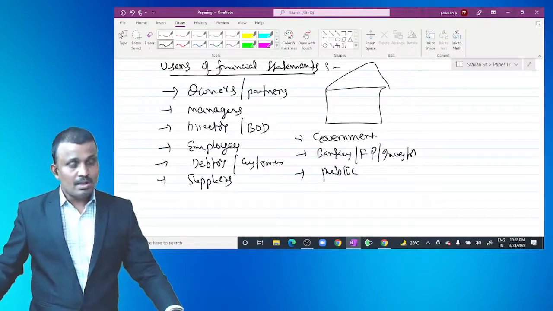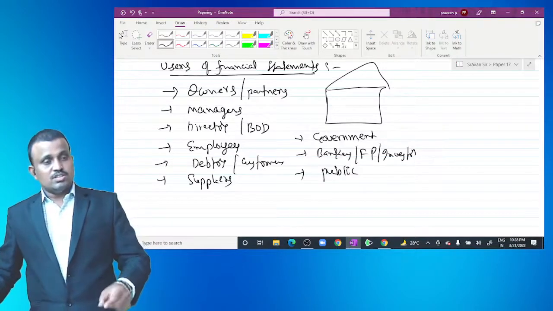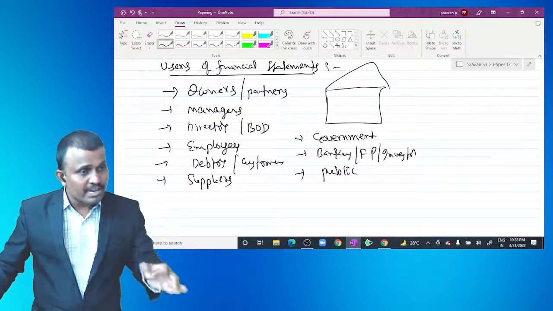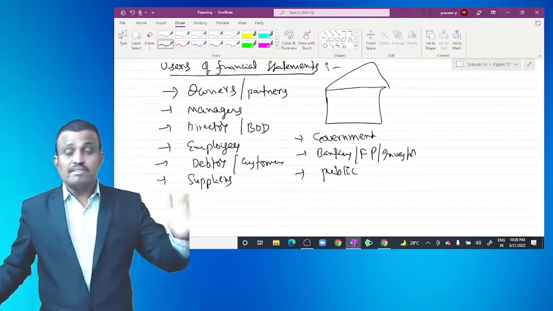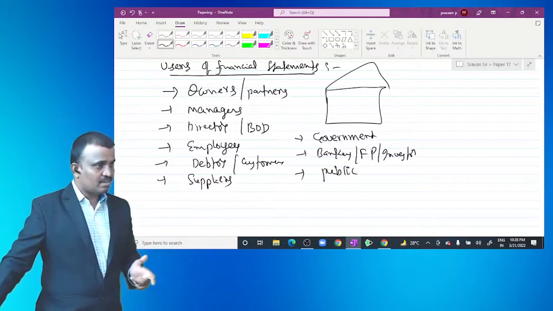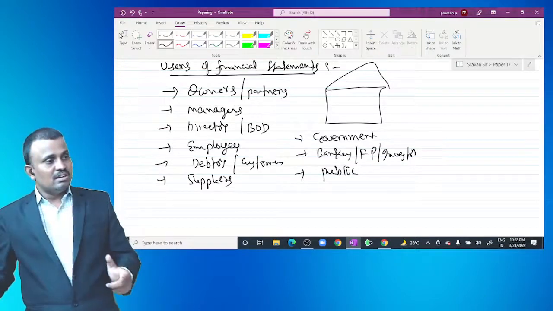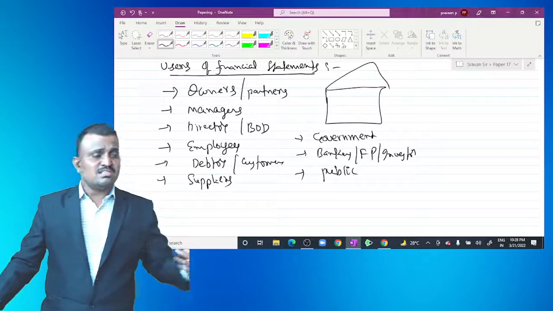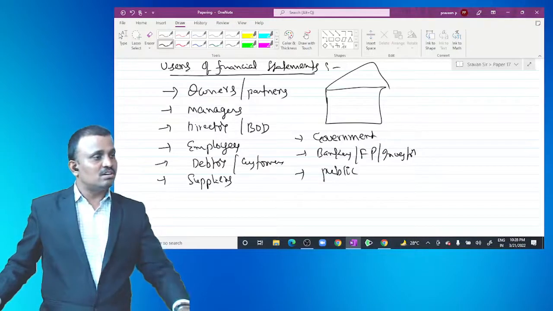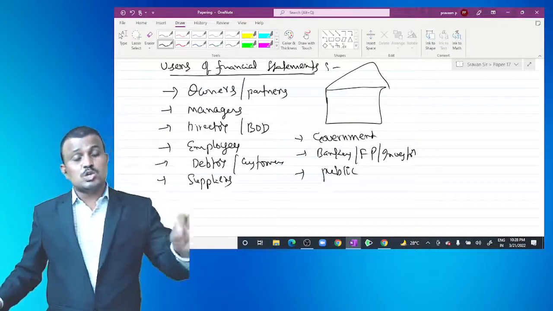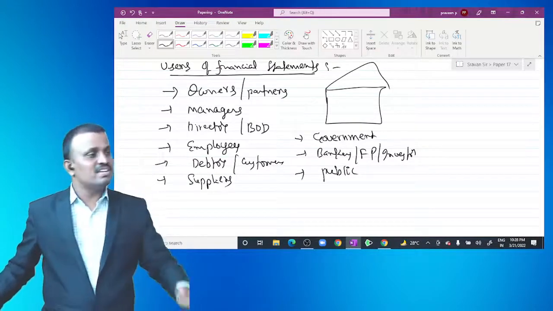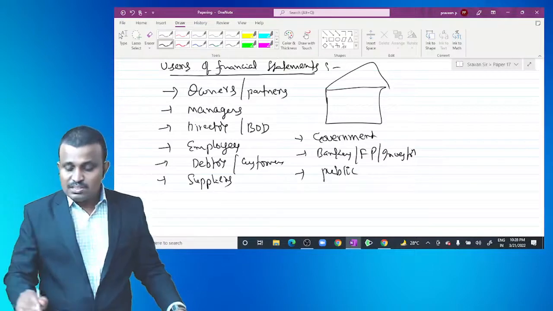Coming to the creditors, they need to assess whether the company meets its regular obligations, whether it is able to pay the total amount within the due date, and they need the credibility of the company. Bankers also need the same information. Coming to the government, they need to assess the total income of the company, whether the company discloses the total income, and if so, whether the tax is paid completely or not.